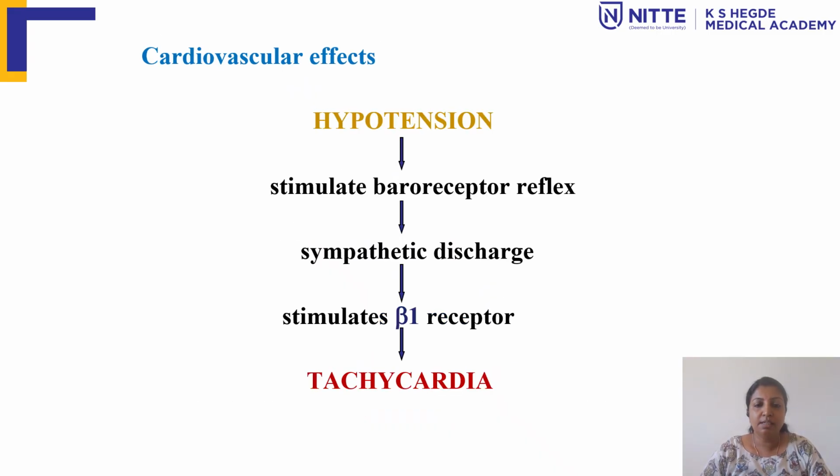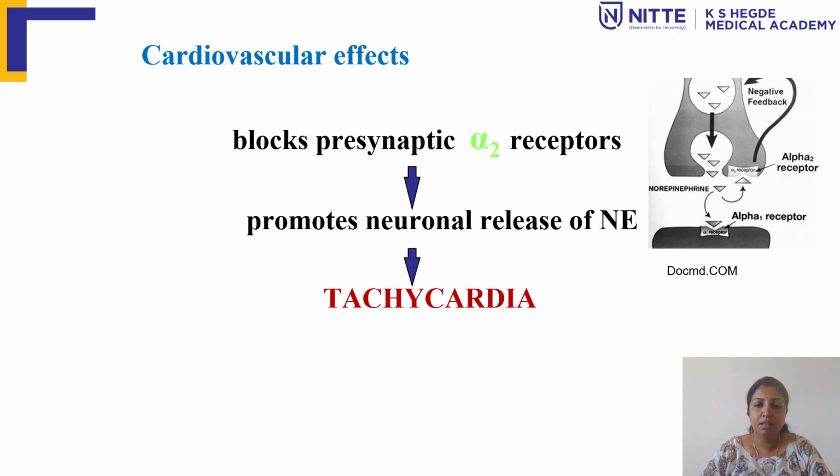Tachycardia is commonly seen with alpha blockers. Let's see how. When there is hypotension, there is stimulation of the baroreceptor reflex, which can produce an increase in the sympathetic discharge, which can stimulate the beta 1 receptor and produce tachycardia. Another reason for reflex tachycardia is that they are blocking both receptors.